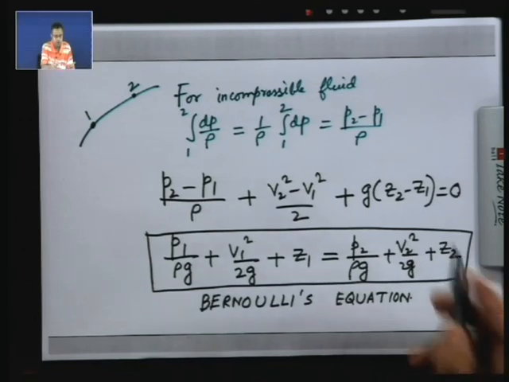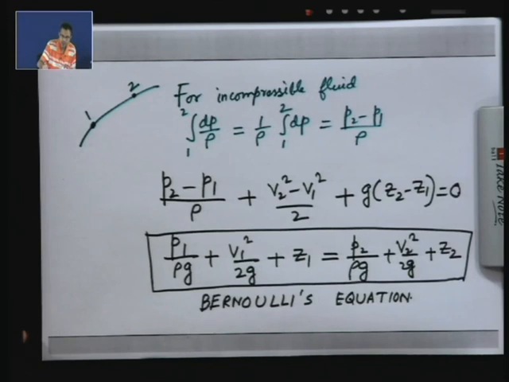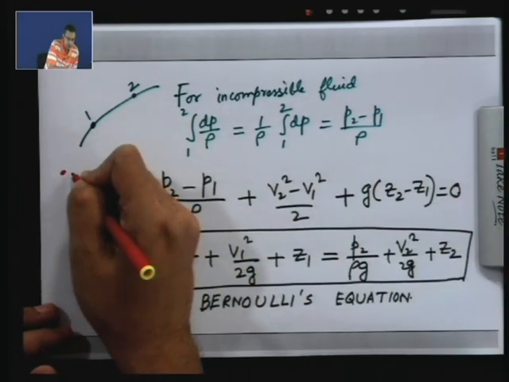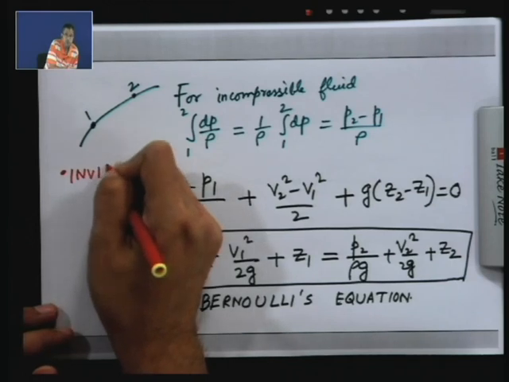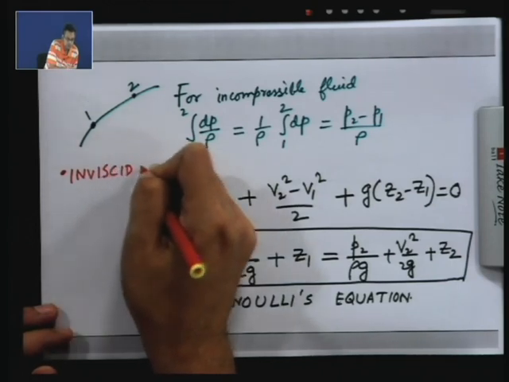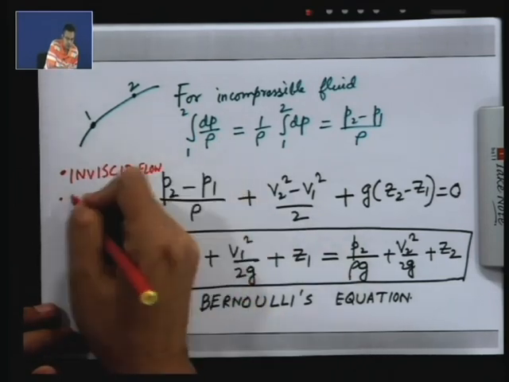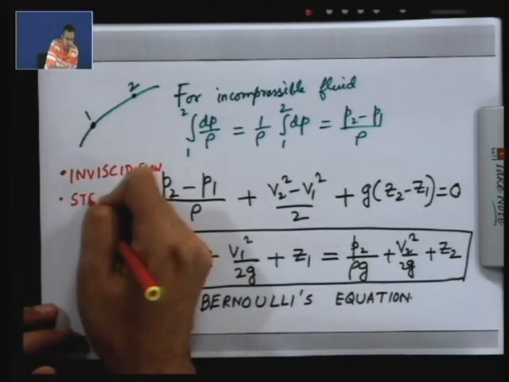So, we will list down the assumptions. So, first assumption is inviscid flow. Second assumption is steady flow.